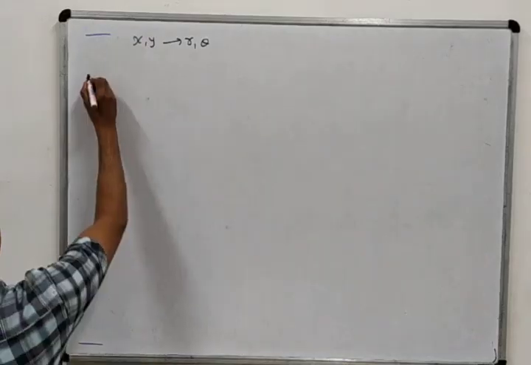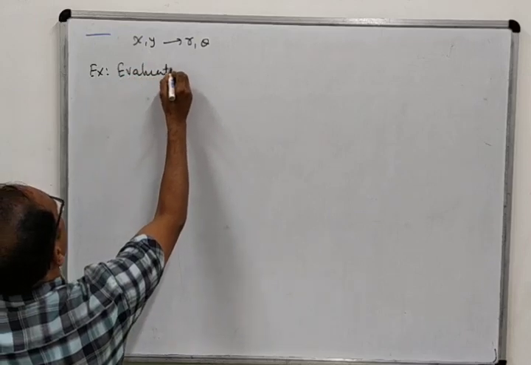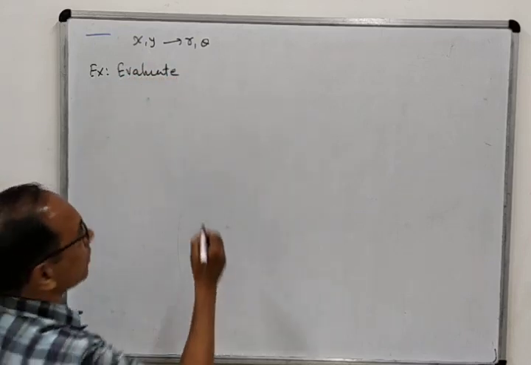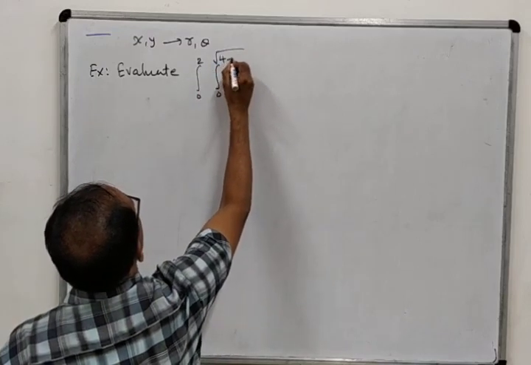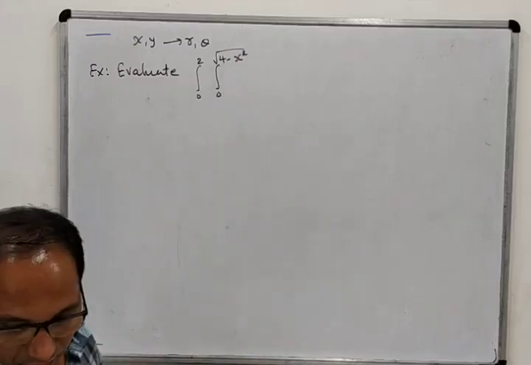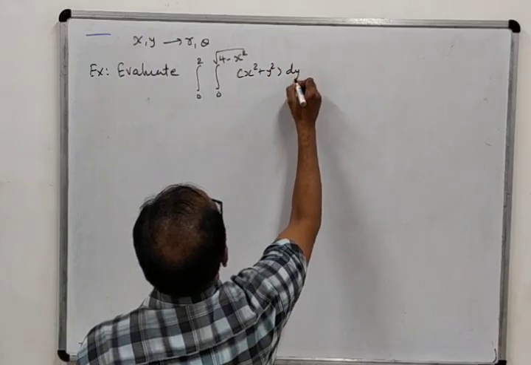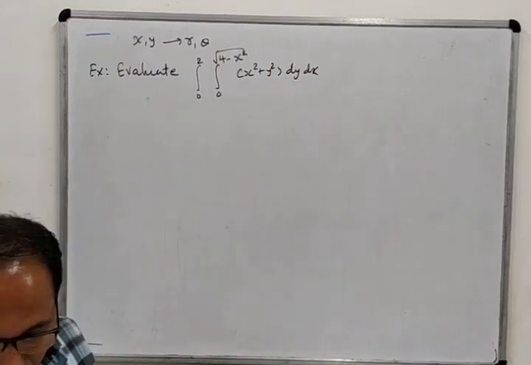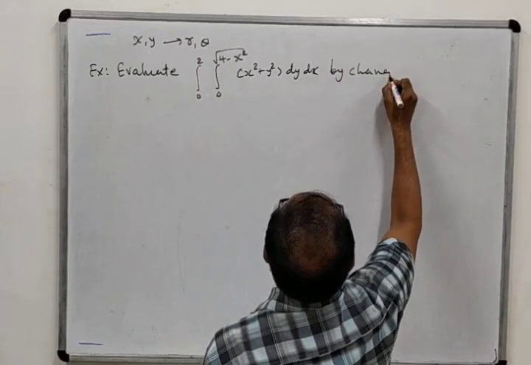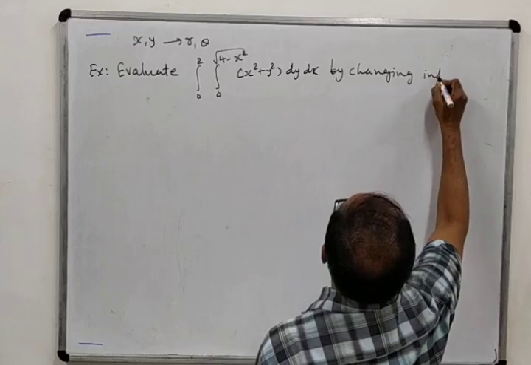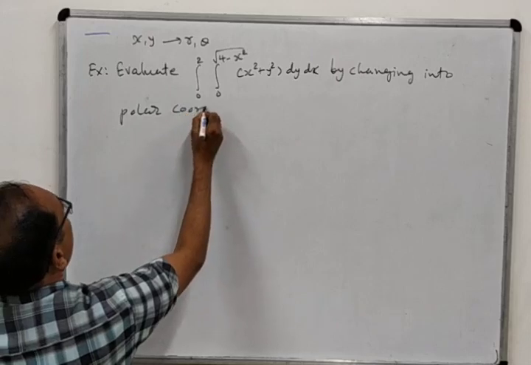Evaluate the integration 0 to root 4 minus x square plus y square dy dx by changing into polar coordinates.